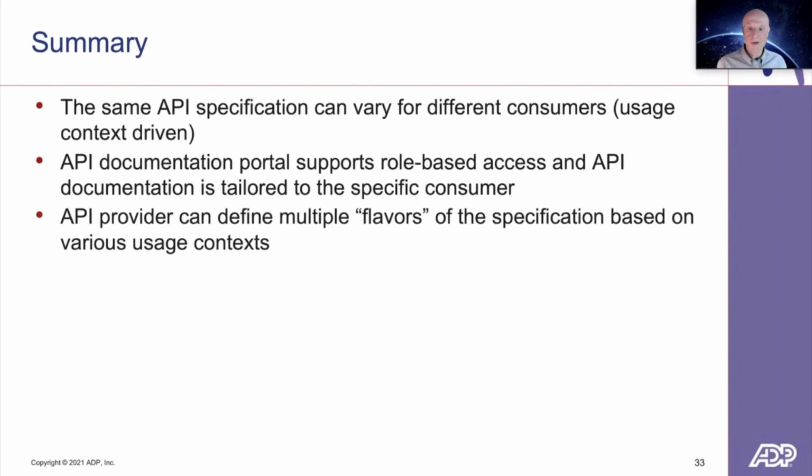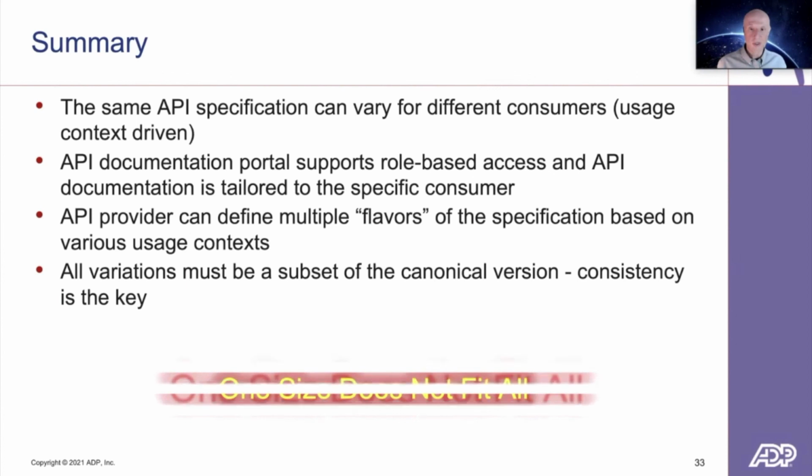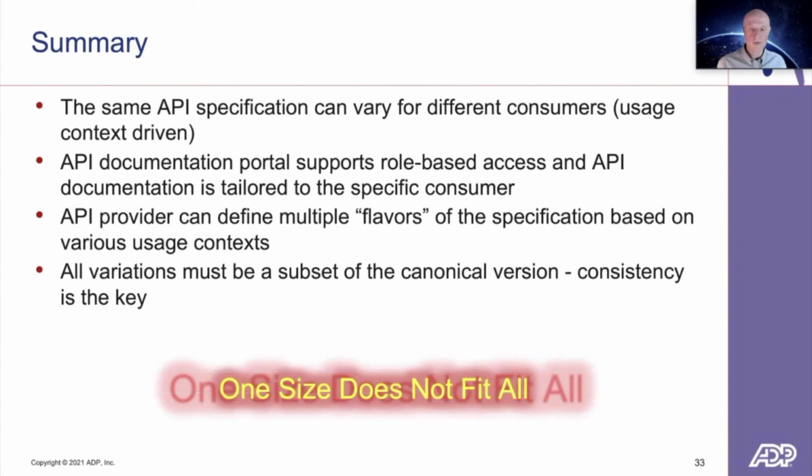The API provider can define more than one flavor of the same specifications based on predefined multiple contexts. And business terms and overall look and feel should be preserved. Remember, consistency is the key. However, it looks like as far as the API specification is concerned, one size does not fit all.